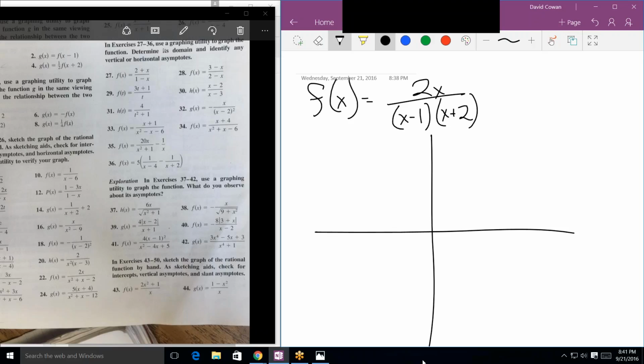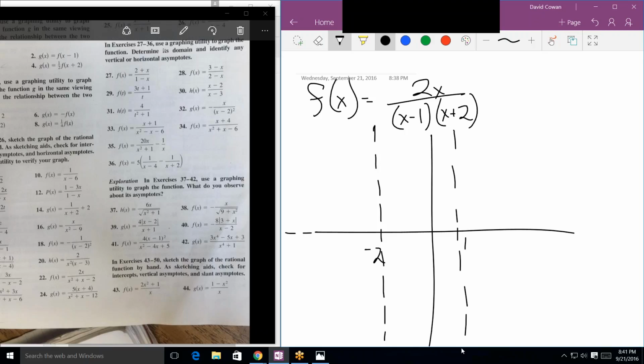Where are they? They're at 1 and negative 2. Draw dotted lines. How about a horizontal asymptote? 0, right? Correct. Y equals 0.